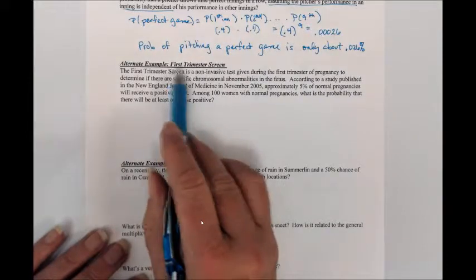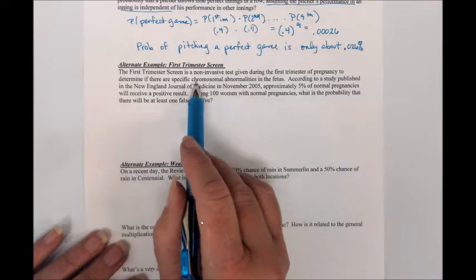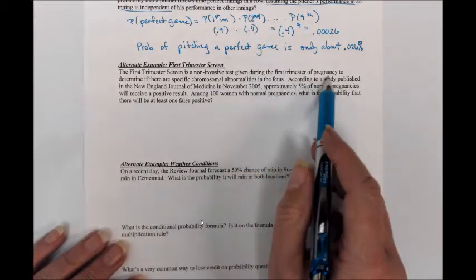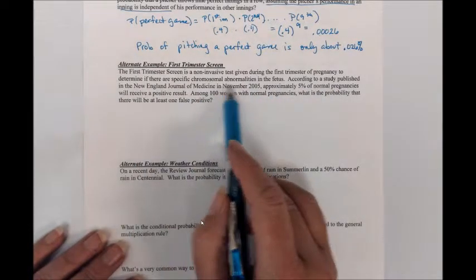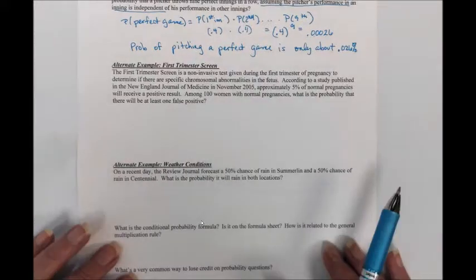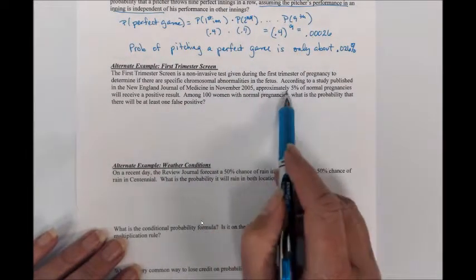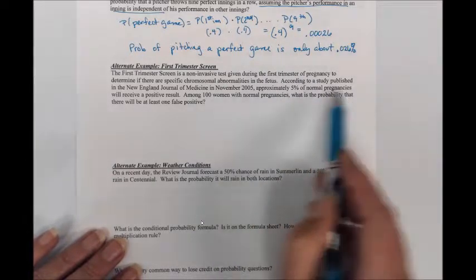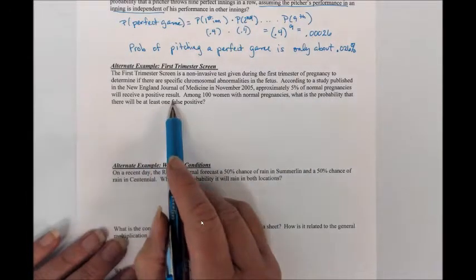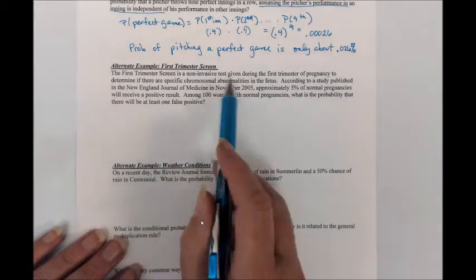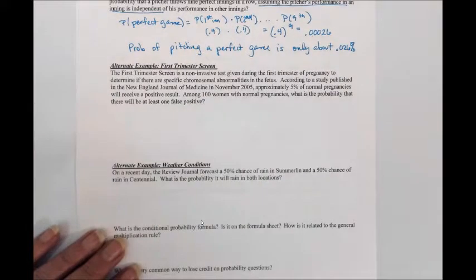Okay, first trimester screening. So there is a non-invasive test given during the first trimester of pregnancy to see if there's any abnormalities in the fetus. So according to a study in 2005, approximately 5% of normal pregnancies will receive a positive result. So that's known as a false positive. So even though the baby's perfectly normal, they're going to get a result that there is some abnormality in the chromosomes.